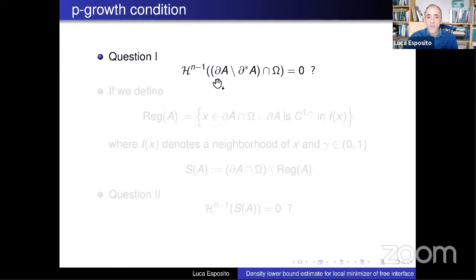This is a topological information. That is, the n-1 Hausdorff measure of the difference between the topological boundary and the reduced boundary, or if you like, the difference between the topological boundary and the essential boundary, which is the same thanks to Federer's theorem, is 0.